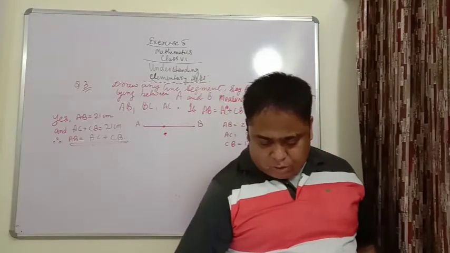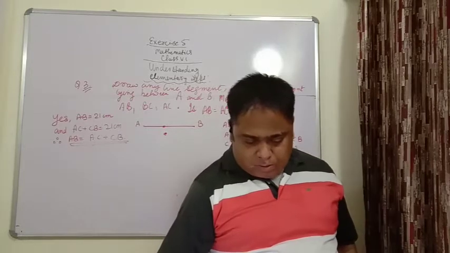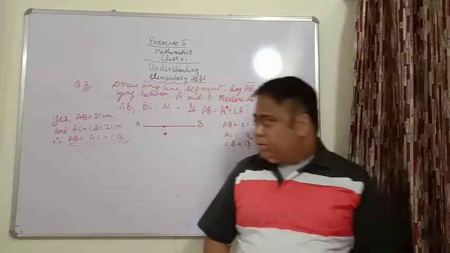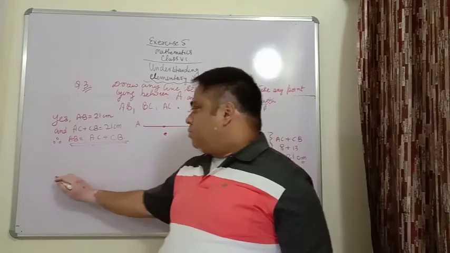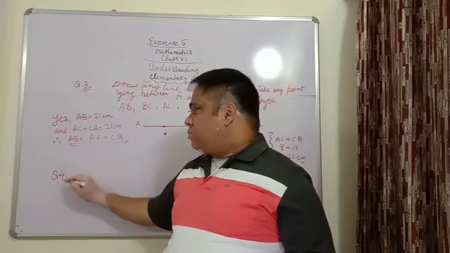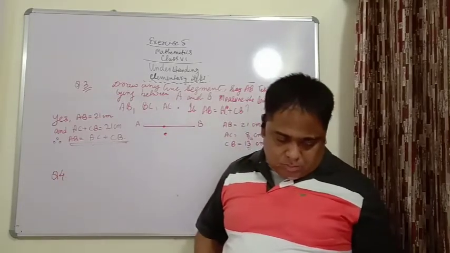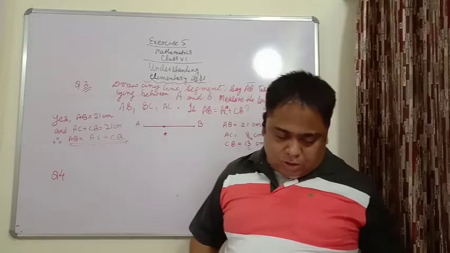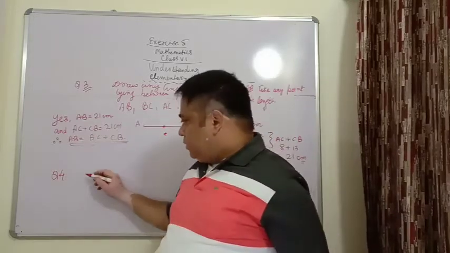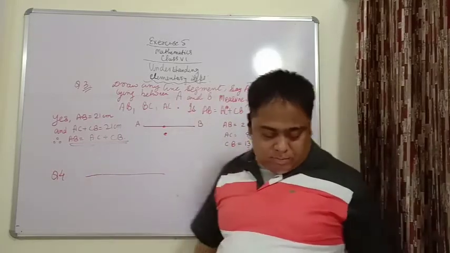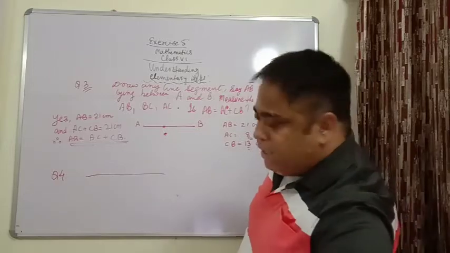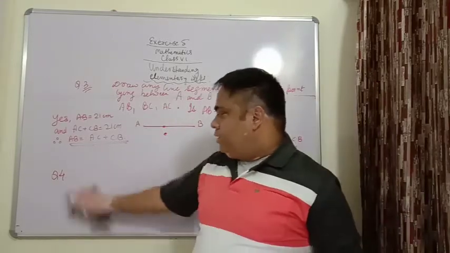Next question is question number 4. If A, B and C are 3 points on a line, based on line, now if I have a scale, I can draw it better way.